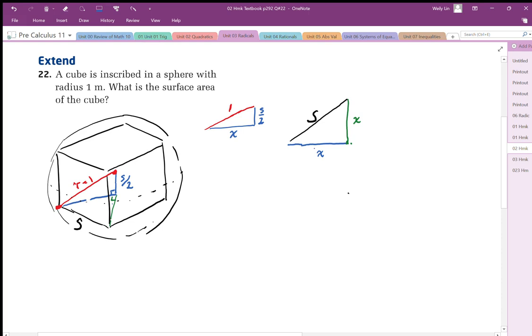And we're just going to call this length x. Imagine the surface of the square on the bottom, from the middle to the corner of the square, and we're just going to call that x. The other right angle triangle that we're going to use is we're going to take that x to that corner, to the middle of the square, and from the middle of that square, we're going to go to the other corner in green, and so that length is also going to be x.